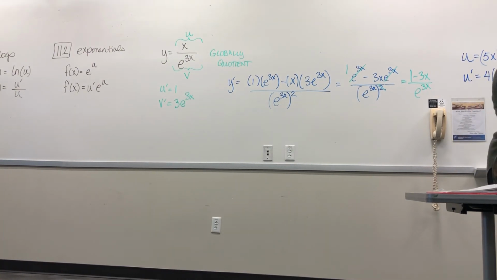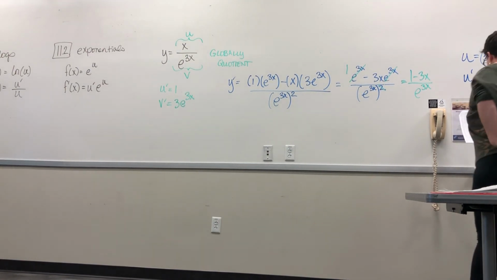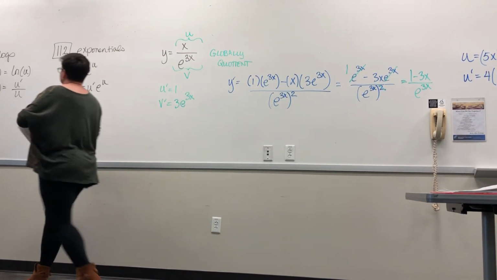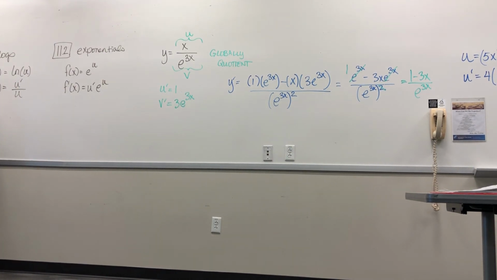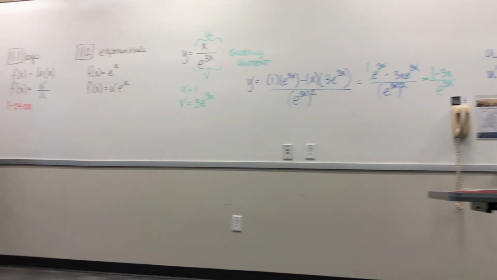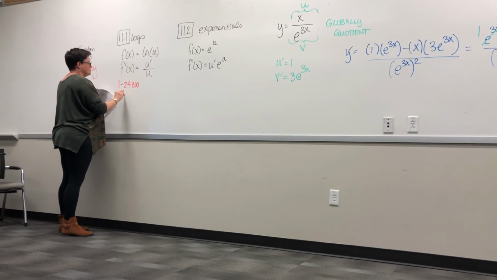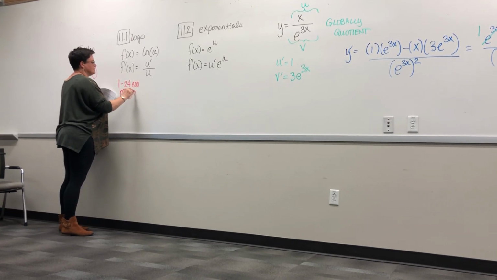Here's your homework. And I'm around this weekend, so call me. Gesundheit. 11.1: I'd like you to do 1 through 24, every other odd. That's like maybe 6 problems. And then I want you to do marginal cost, please.